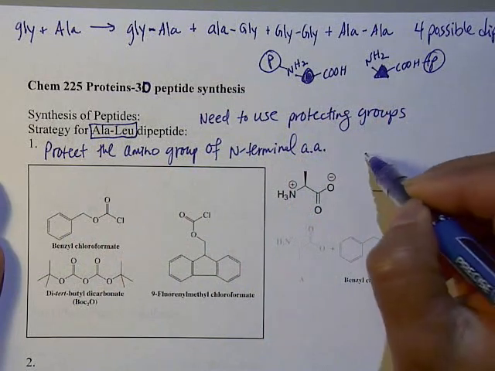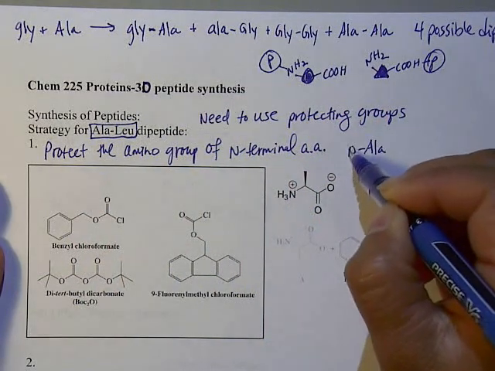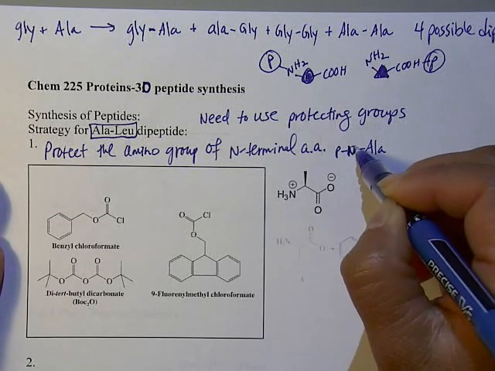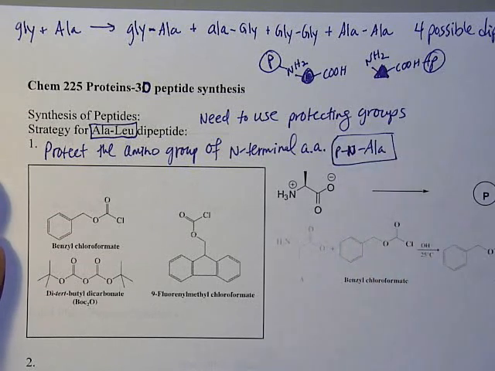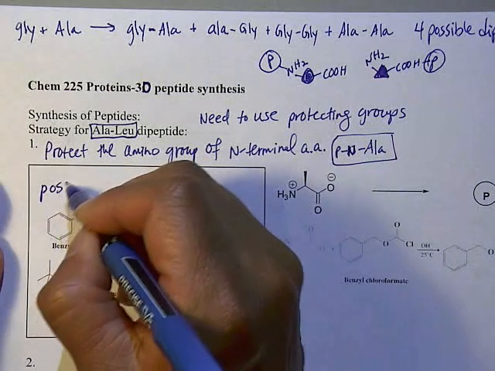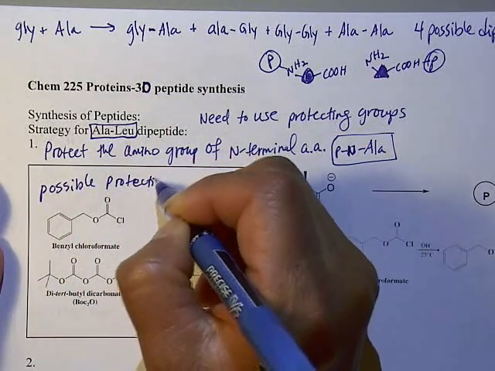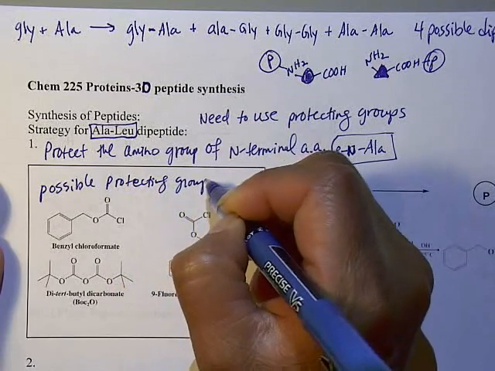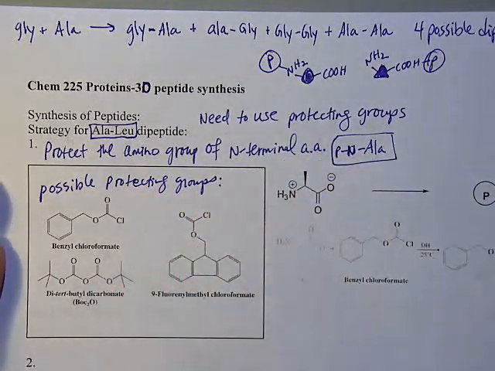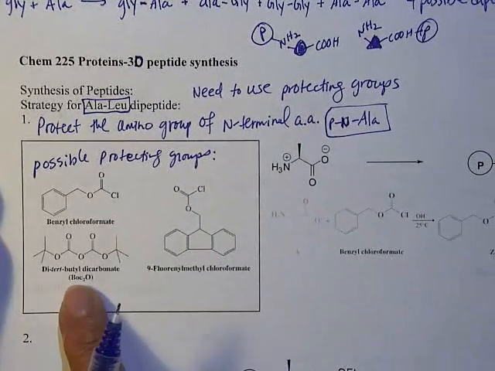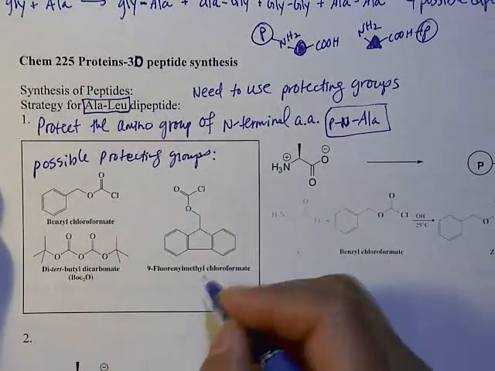So obviously I want the alanine N to have a protecting group. That's what we're trying to accomplish. And these are the possible protecting groups, just three of them inside the box. These are the most commonly used ones.